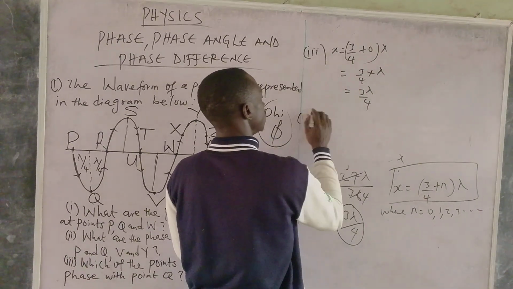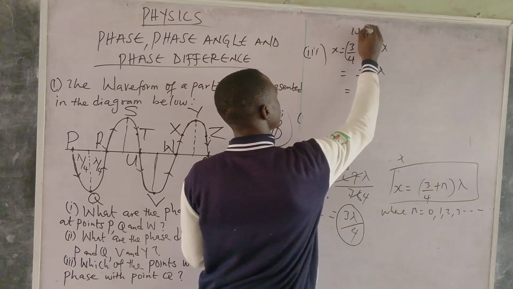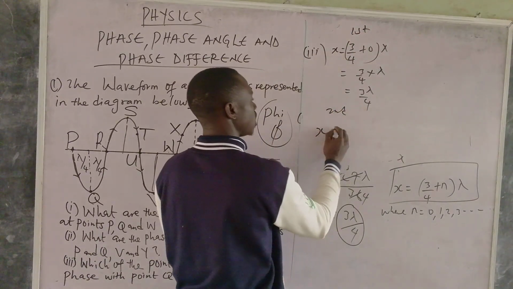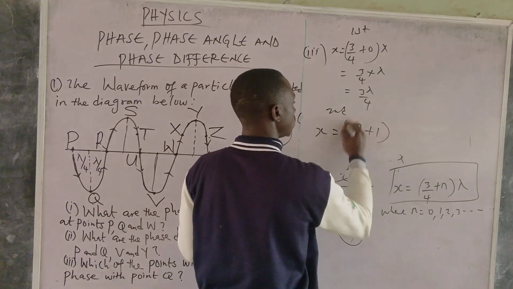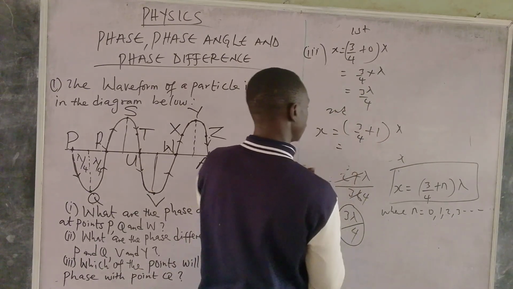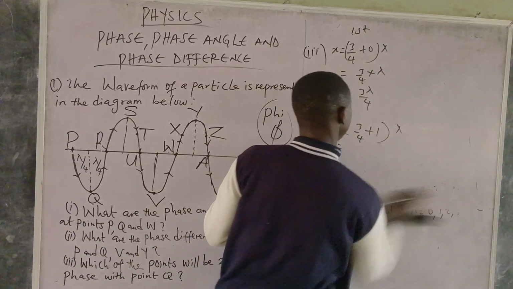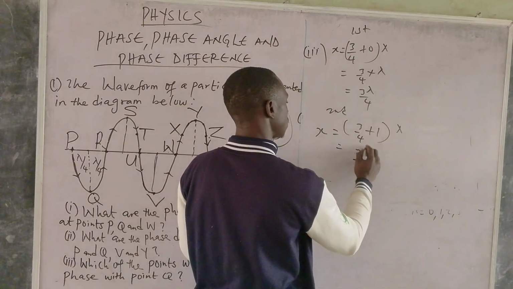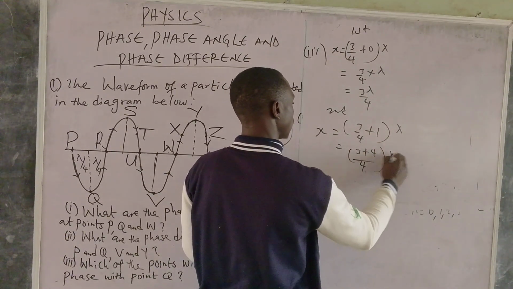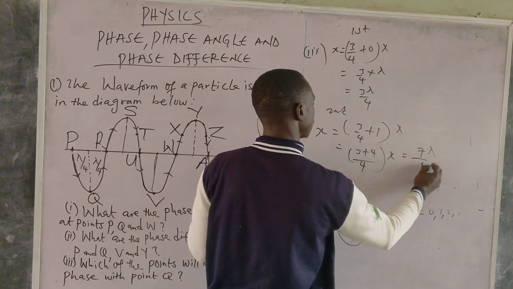That's the first point. Now the second point: x will be equal to 3 over 4 plus 1, into lambda, which, if I simplify, is 3 plus 4 over 4 lambda, which is 7 lambda over 4.